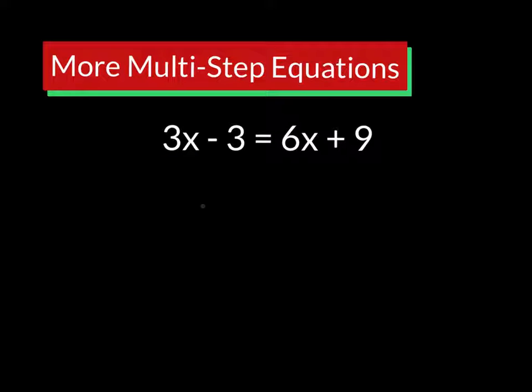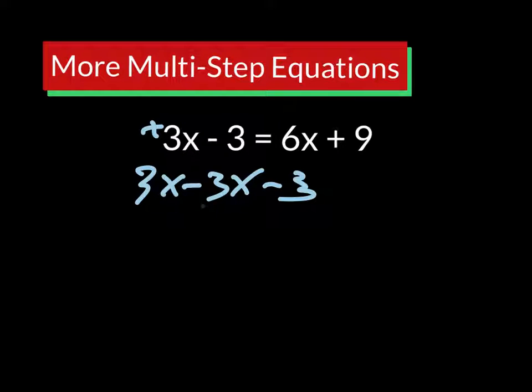In order to cancel the positive 3x on this side and move it to the other side, we're going to do the opposite operation and subtract. So we have 3x minus 3x minus 3, and these 3x's are going to cancel, so we just have the minus 3 left.